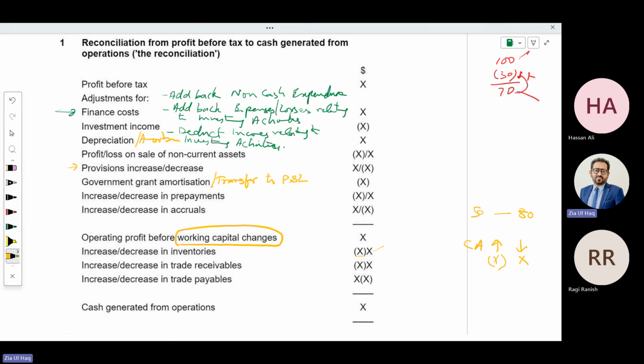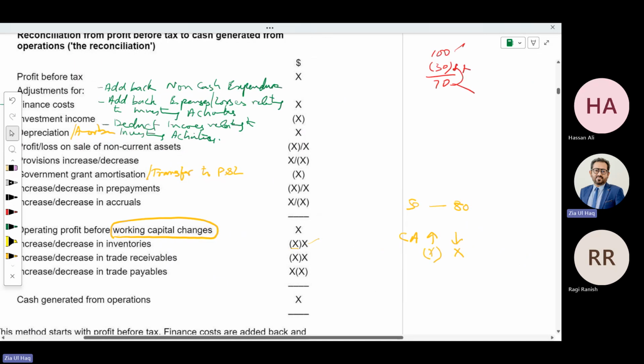So cash is being released to the business, that is inflow. So current asset increase will be outflow, decrease will be inflow. You can say in relation to current assets, there is a reverse relation. Increase negative, decrease positive. While current liability will have a direct relation, meaning increase will be inflow, decrease will be outflow.